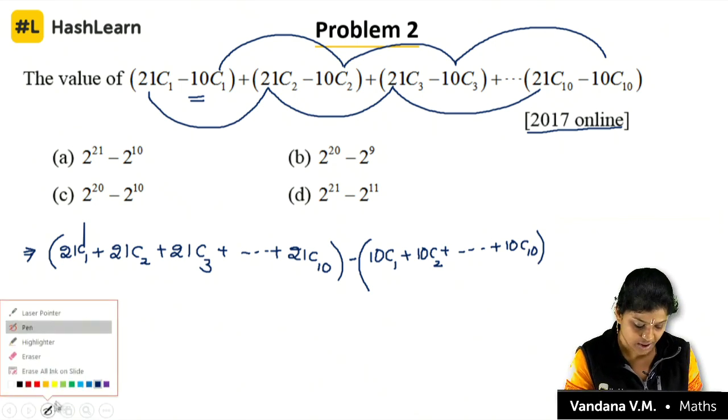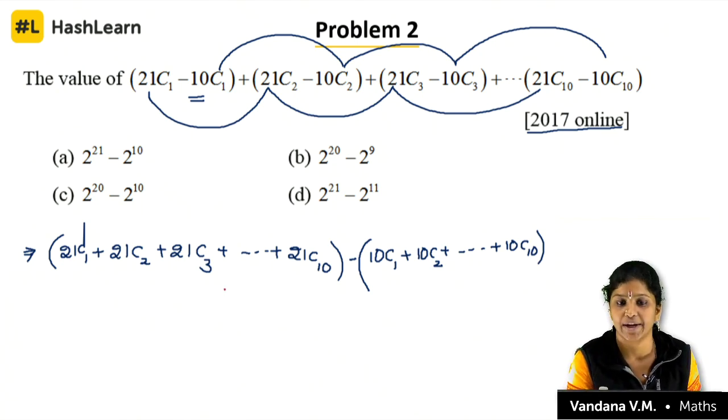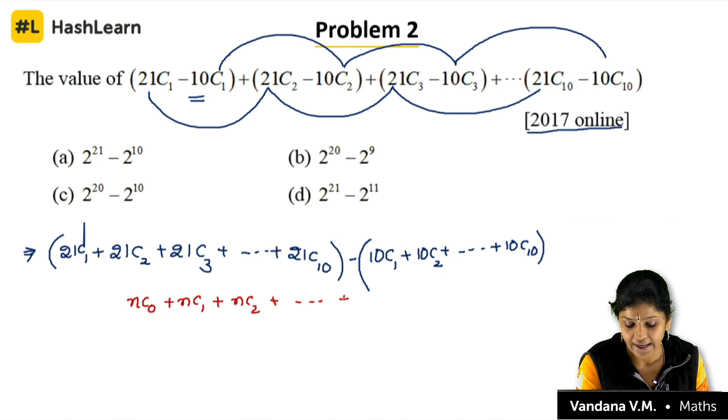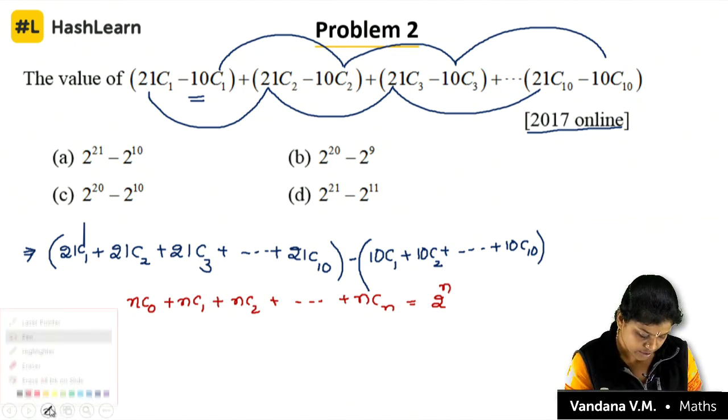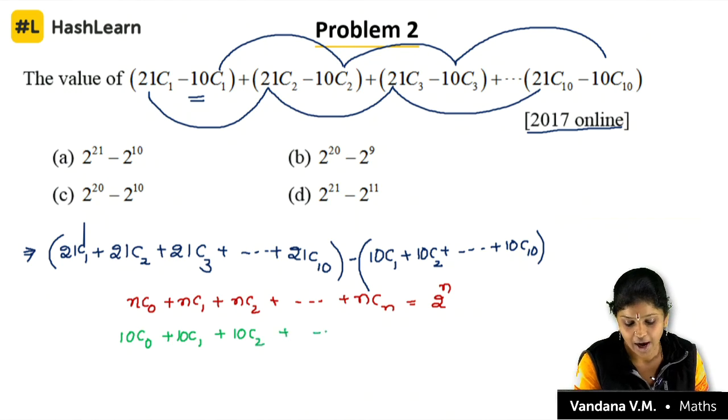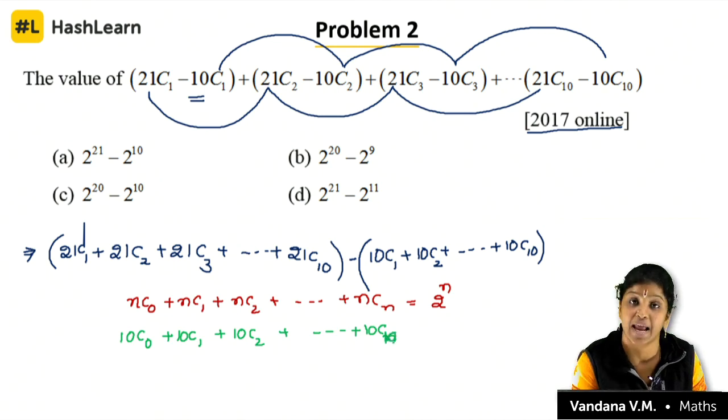Just now while discussing the CPP question also, I told you the sum of the binomial coefficients NC0, NC1, NC2, so on NCN is 2 power n. See here, if you take 10C0 plus 10C1 plus 10C2 and so on till 10C10, obviously it is 2 power 10.